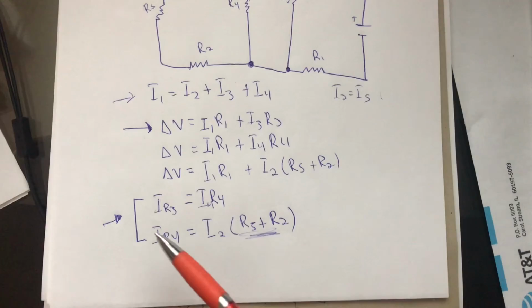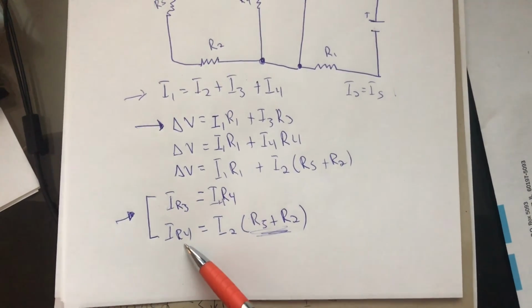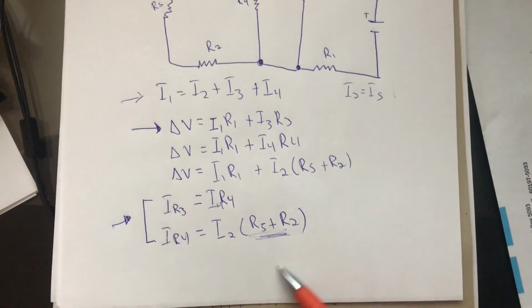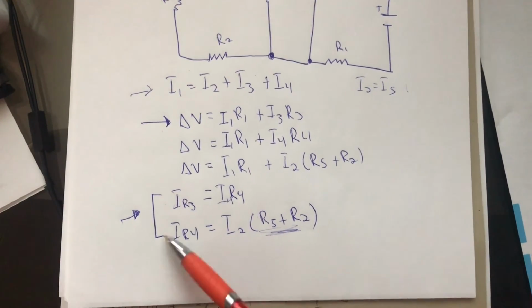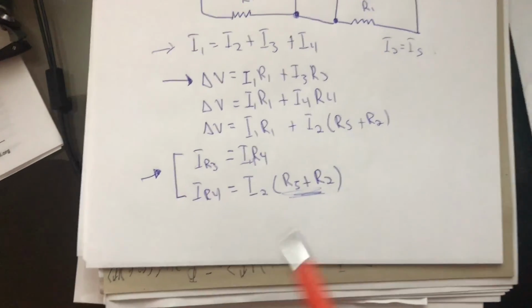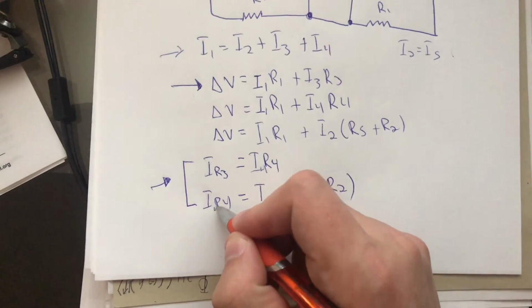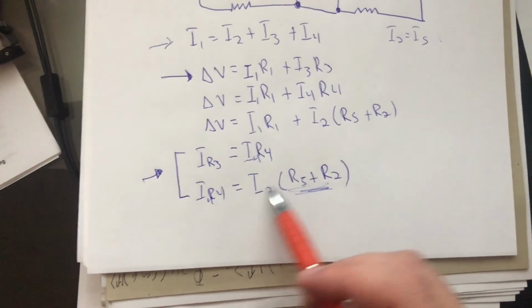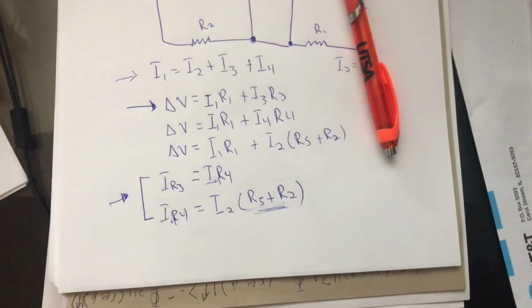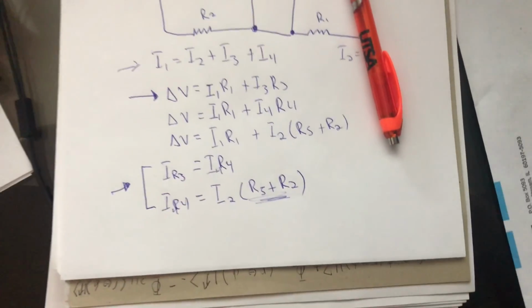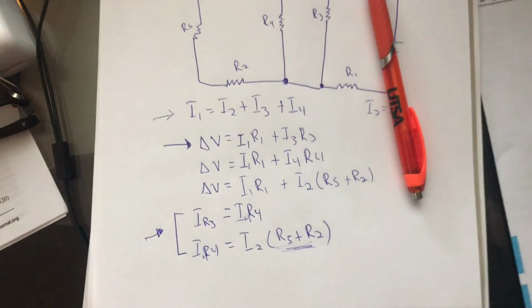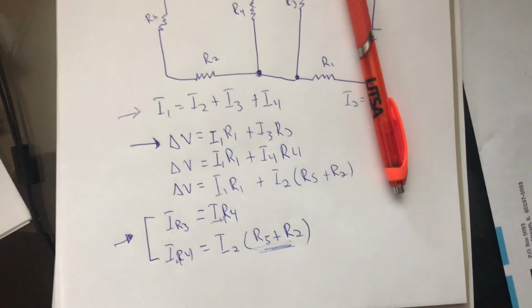So you could divide this R4 over here and so on, because I believe this is I4 right here. Or no, you could do it the opposite way. But as long as you get everything in terms of one thing, in this case, you could use I4.